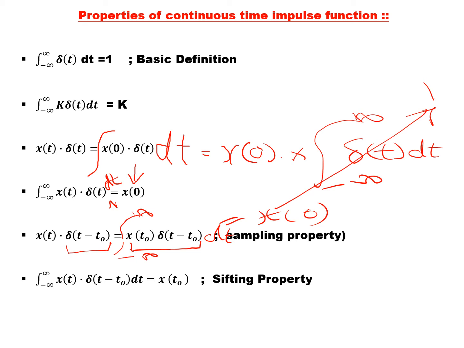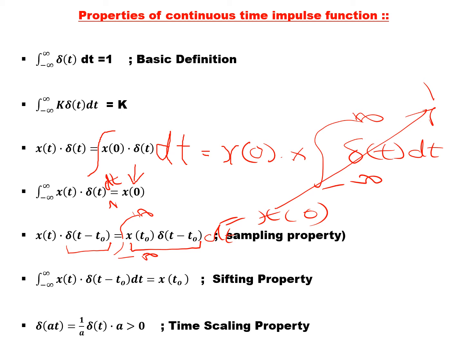The last property I'm going to discuss is called the time scaling property. Suppose the impulse is time scaled by a factor a, then its amplitude gets scaled by 1 by a. What it means is, if I decrease the width of the impulse, the amplitude increases.